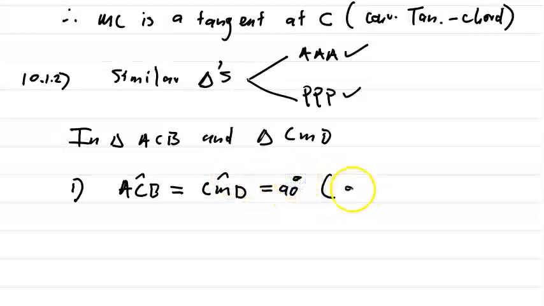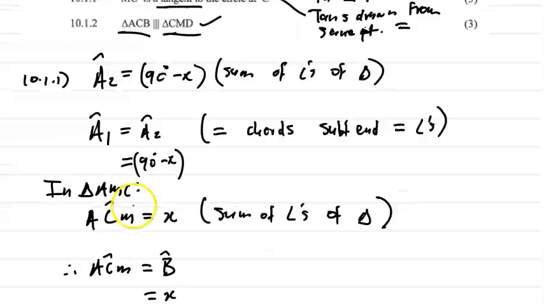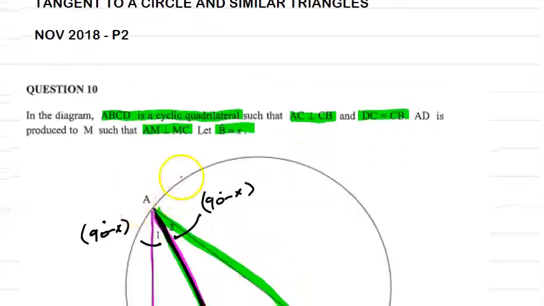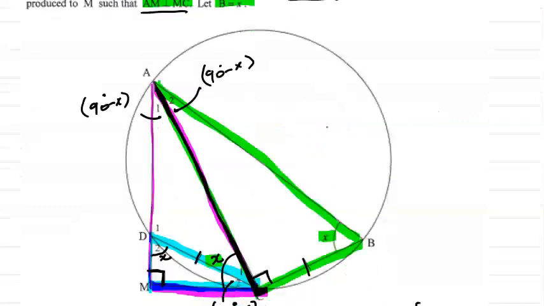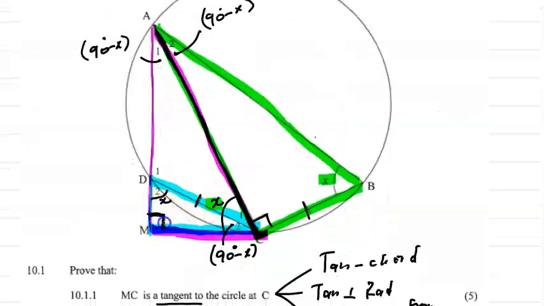And remember, that was given to us. How was it given to us? We are told that AM is perpendicular to MC and AC is perpendicular to CB, and it was also drawn on the diagram for us.